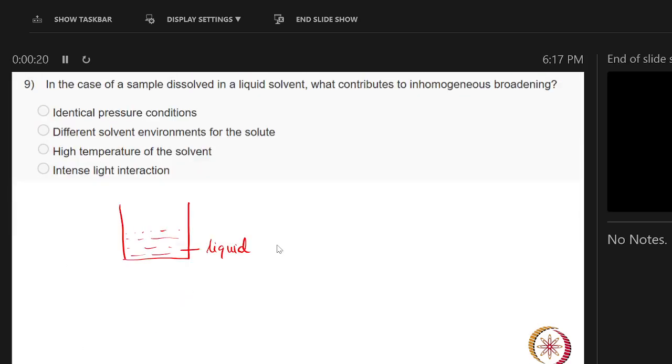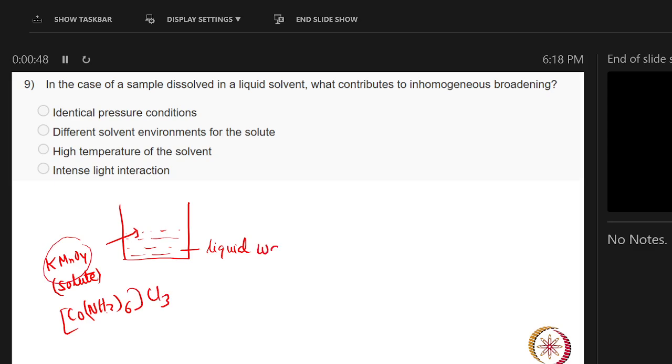Let's say we are dissolving some KMnO4 solute, or let's say we are dissolving some Werner complex, Co(NH3)6 Cl3, in water.